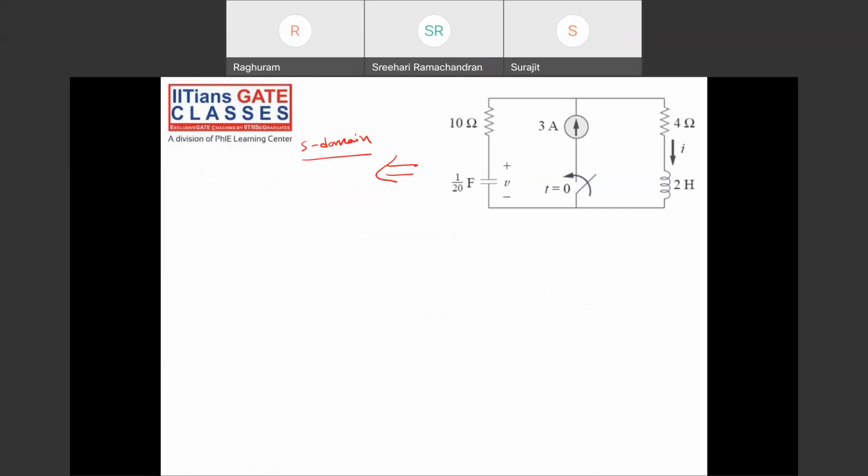So I'll write the circuit. Everything will be impedances. The capacitance will be replaced by 1 by SC, so 20 by S. The current source will be replaced by 3 by S. And this switch is closed.